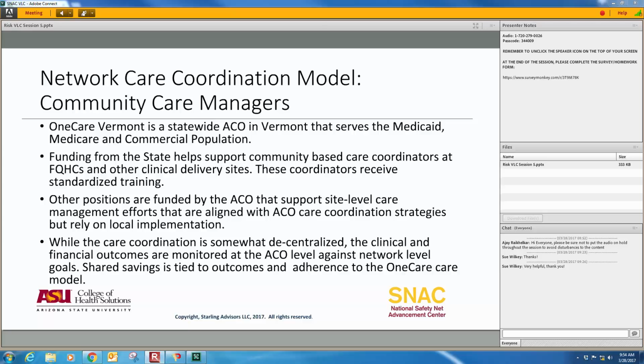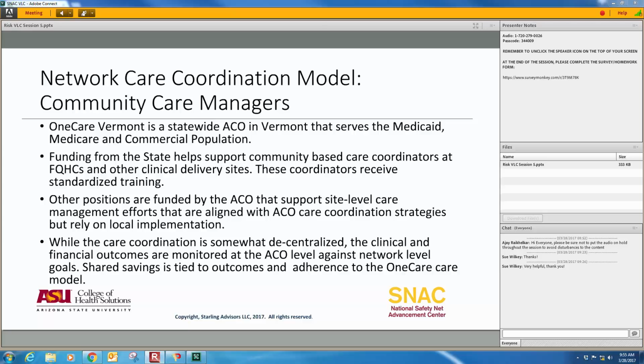So in the state of Vermont, One Care Vermont is a statewide ACO that serves the Medicaid population, the Medicare population, and the commercial population. And prior to One Care really expanding its footprint in that way, the state of Vermont had separately been funding an infrastructure of community-based care coordinators across the state, with this idea that, by supporting positions at a regional level, care coordination could be more easily facilitated.